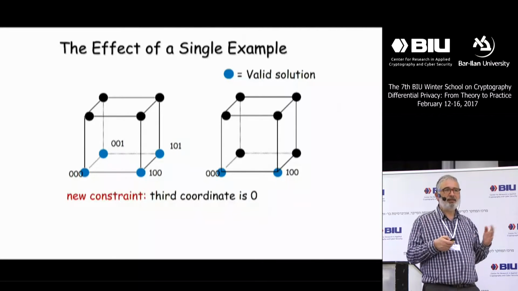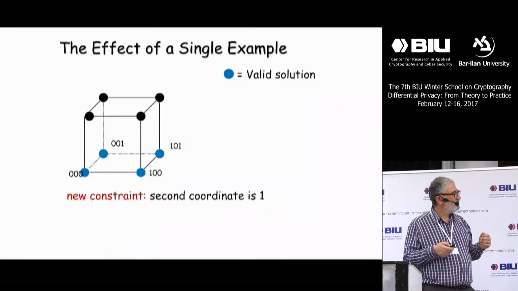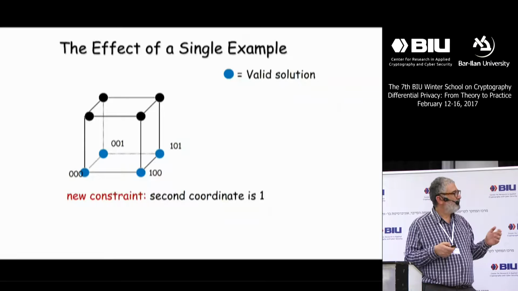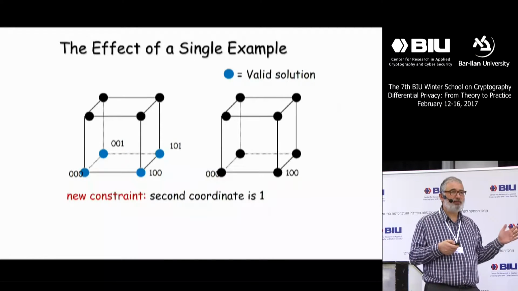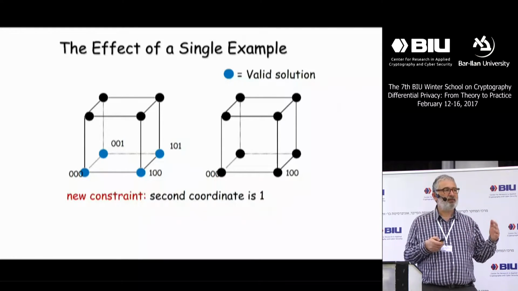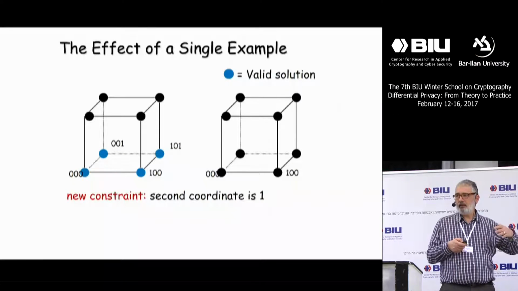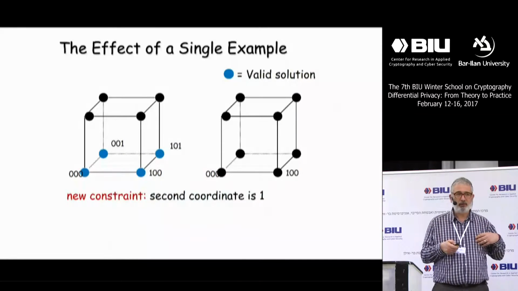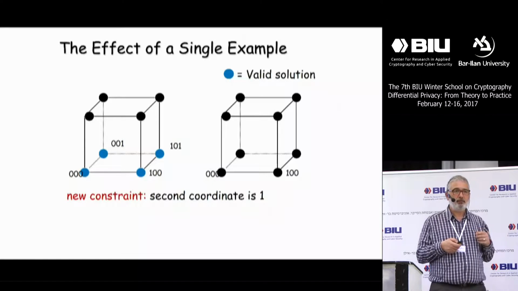Is that the worst that could happen? Let's look at this. Maybe if we require the second coordinate to be 1, we could totally eliminate the solution space. So if we add a new equation that is inconsistent with what we've seen so far, then the solution space becomes null.